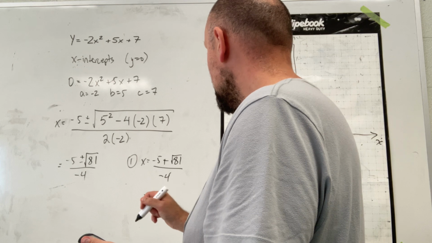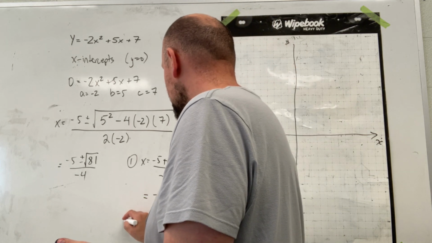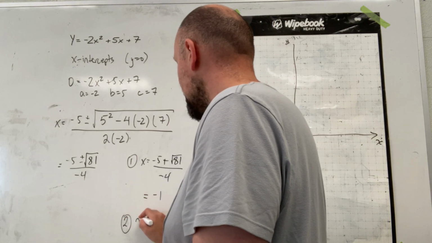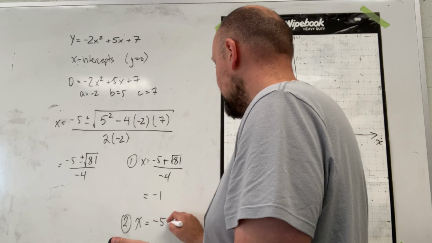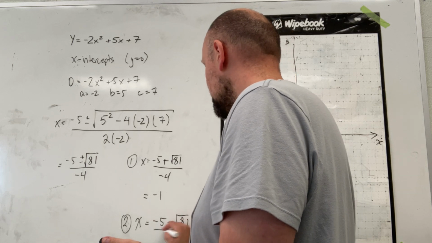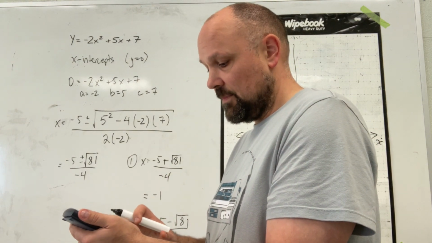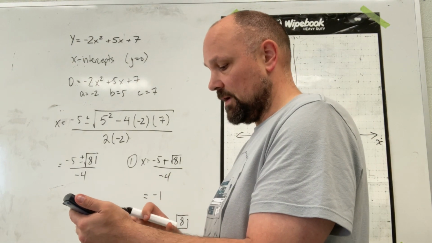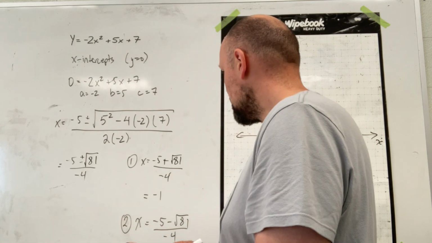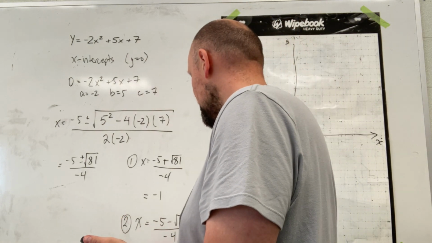Then my second solution comes from x equals -5 minus root 81 divided by -4, and I get 3.5.